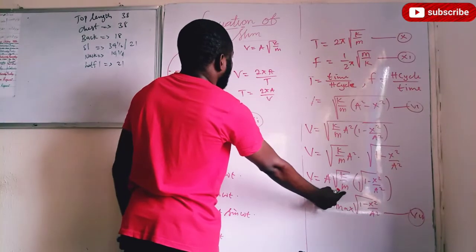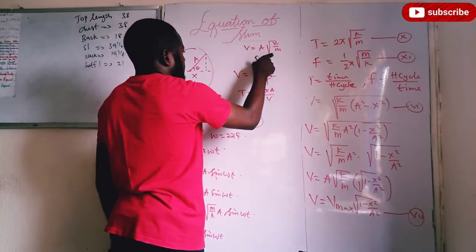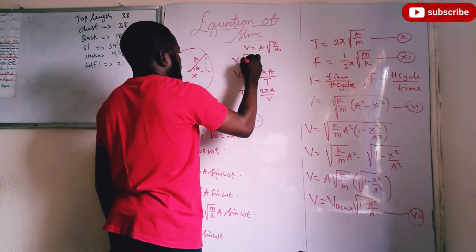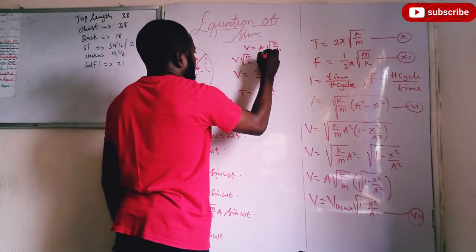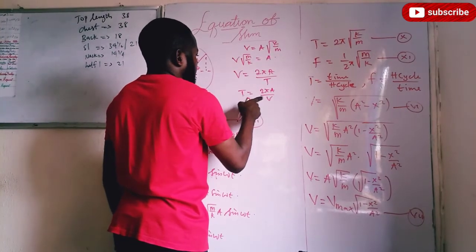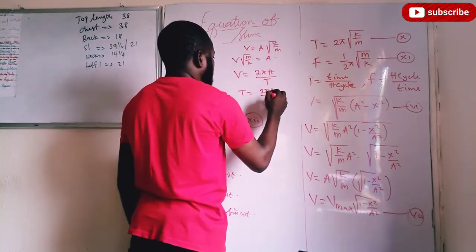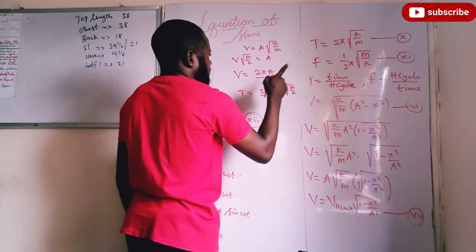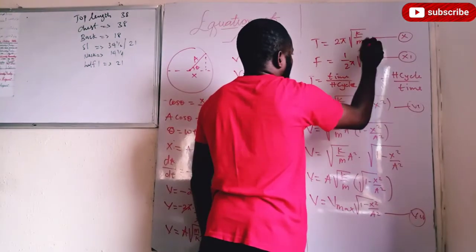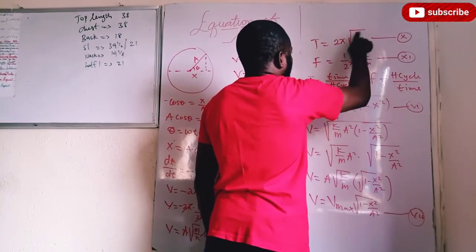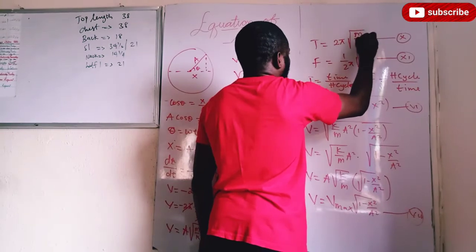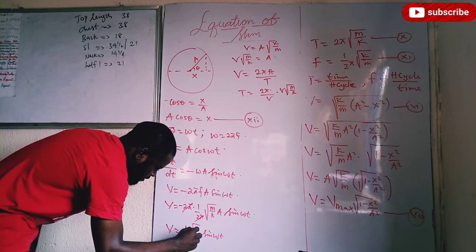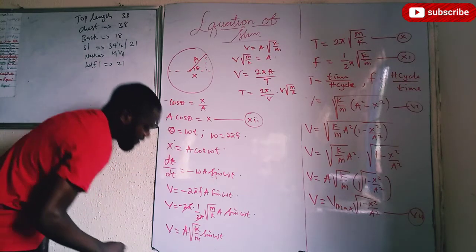I have to multiply both sides by the reciprocal, which is m over k, and this is equal to A. So there is a mistake here. This is supposed to be k over m, and here it is supposed to be m over k. So kindly note that. This is supposed to be k divided by m.